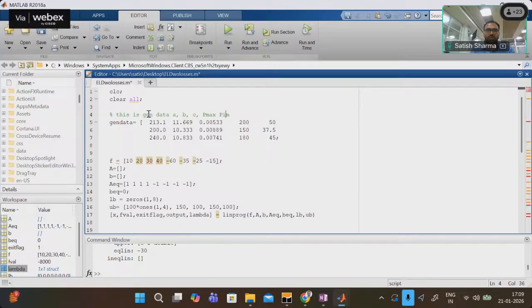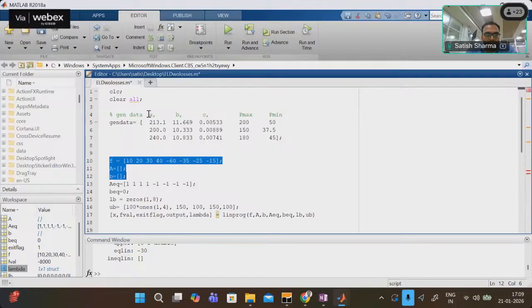Just for my reference, I have mentioned that this is A, this is B, this is C, P max, and then P min. Okay, so we have placed it, and let me convert it into a matrix.